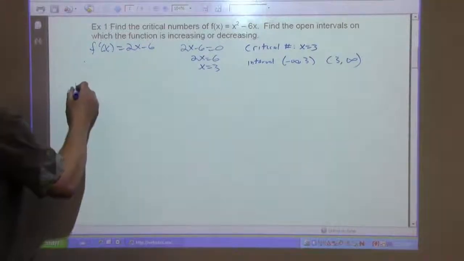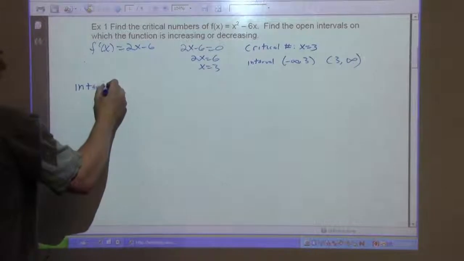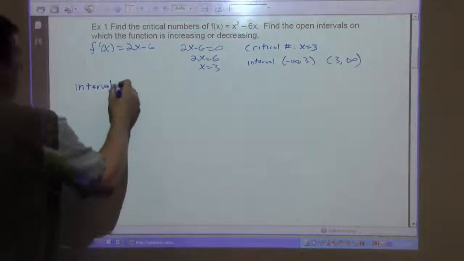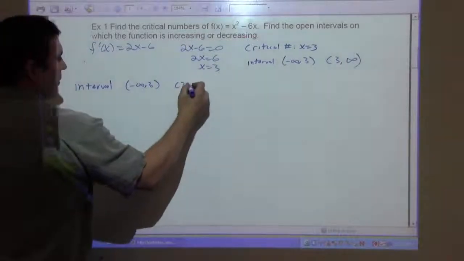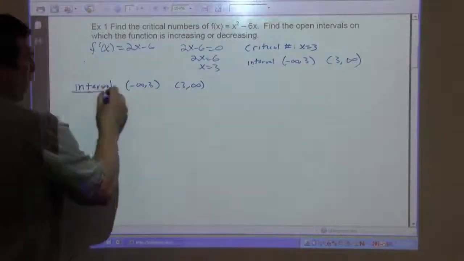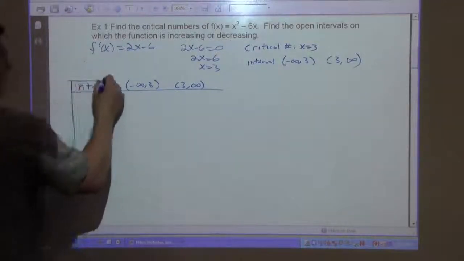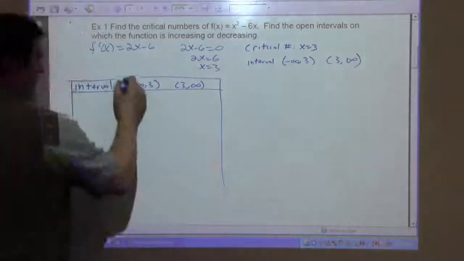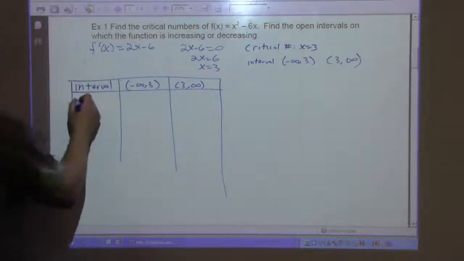So I build this little chart. We have our intervals: negative infinity to 3, and then 3 to infinity. We'll have a test value from each interval.